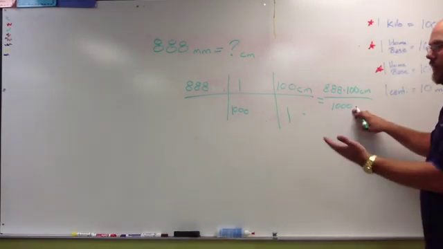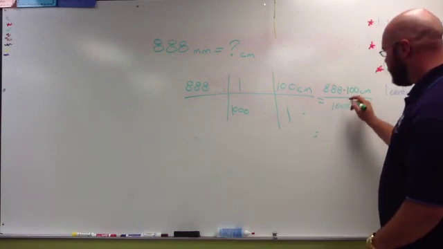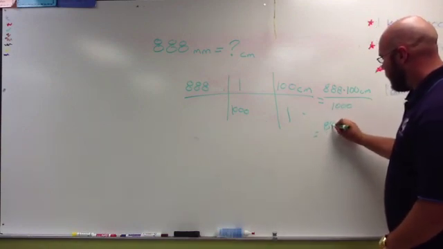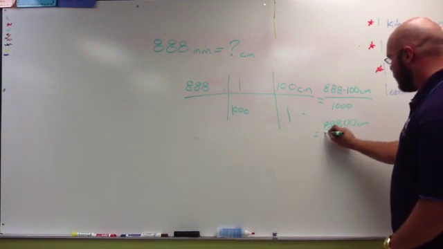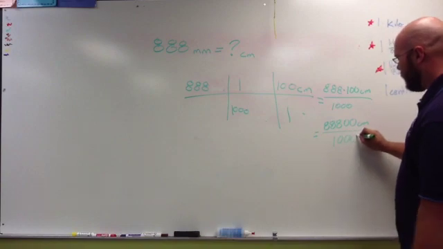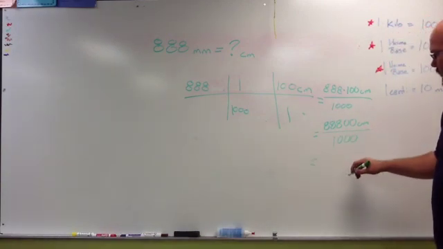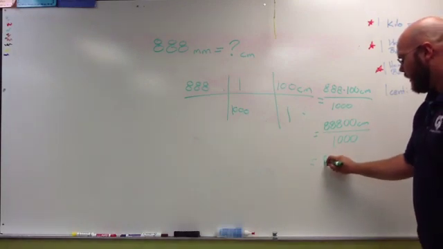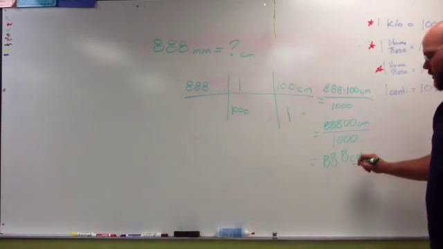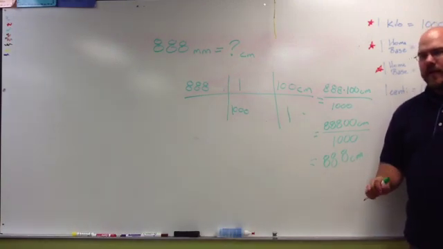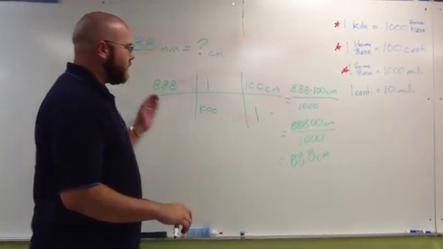I've only got one thing here. So I'm going to add 2 zeros. 88,800 centimeters over 1,000. And then that's going to equal 88.8 centimeters.